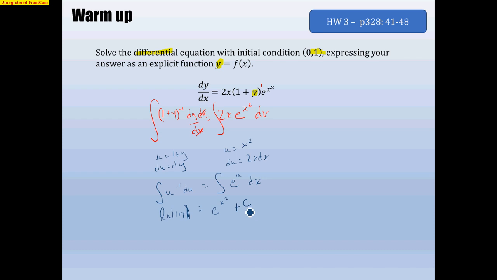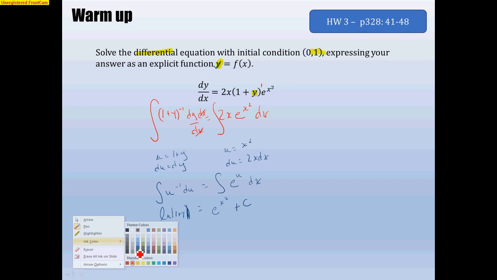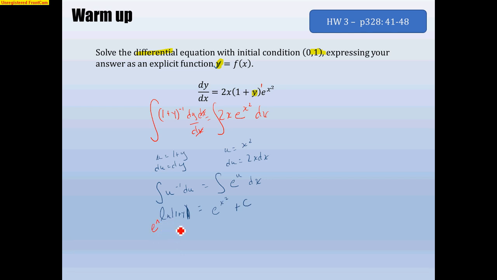Now I'm going to go ahead and take care of the get y by itself part. And I'm going to do that by raising both sides to the e, or e to the. And of course, remember when I do e to the all of this, then I'm actually going to write that as e to the x squared times e to the c. And remember, e to a constant is still a constant.